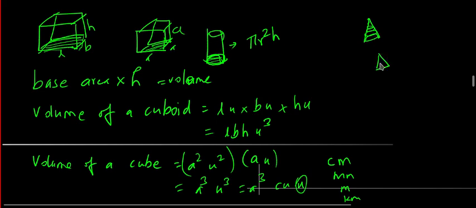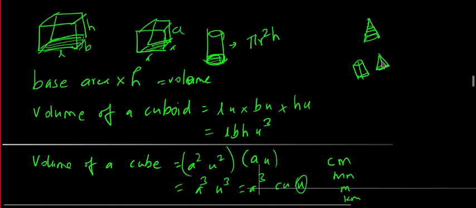Okay. Now we will come to the cone. If we take one cone, or simply any cone, with the height equal to the height of the cylinder, the height of the cylinder and the height of the cone should be the same.